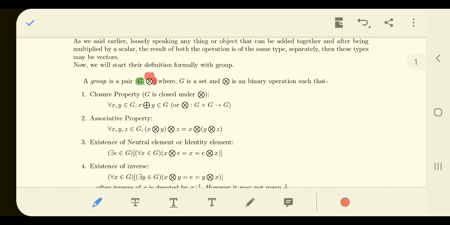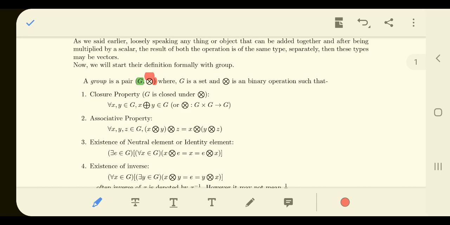Then there is a condition that this set should have the identity or the neutral element with respect to that operation, which means that there must exist some element E in G, so that if you take any element in G and operate with this element E, you get the same element back.